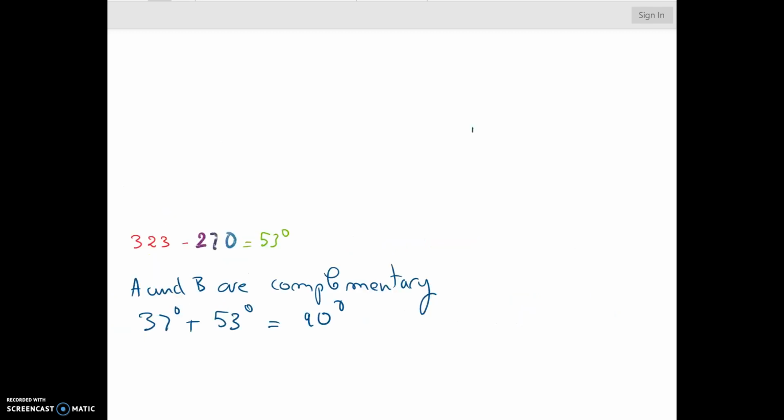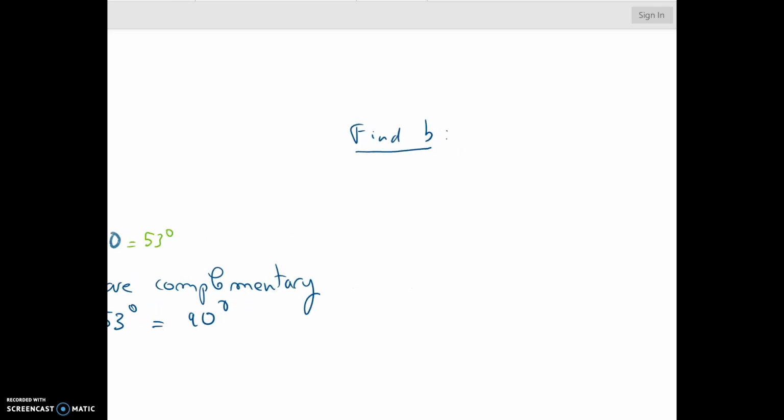So if I want to find B, which is the distance between the airplane and the station B, what do I have? I know that the hypotenuse is equal to 8.6 kilometer.